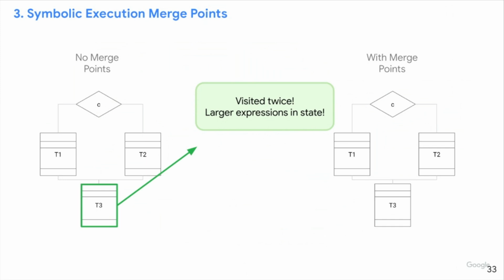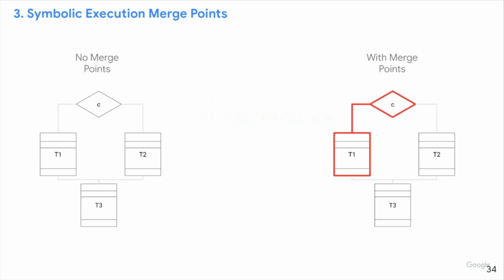To optimize this and reduce the size of the expressions, we use something called merge points. In this case, what we do is we take the conditional, we visit the T1 table, then we visit T2, and then visit T3.